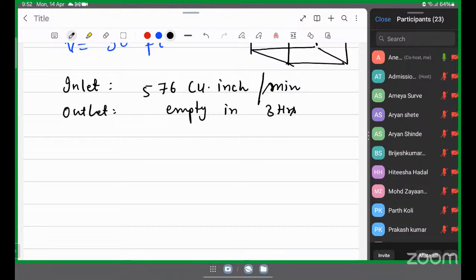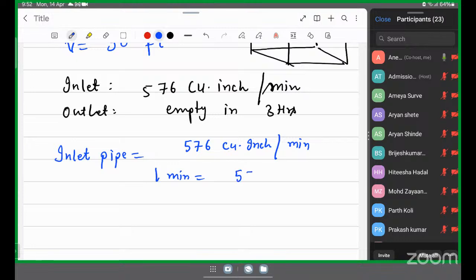So first of all, we will find the rate. For the inlet pipe, rate is 576 cubic inch per minute, which means in 1 minute it can fill 576 cubic inch of the tank.